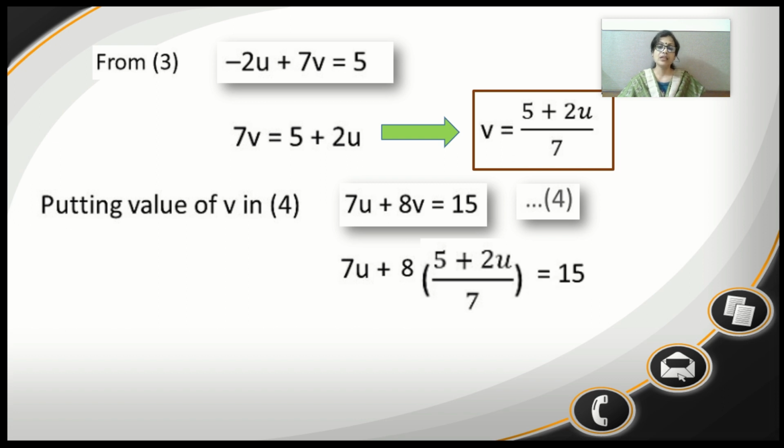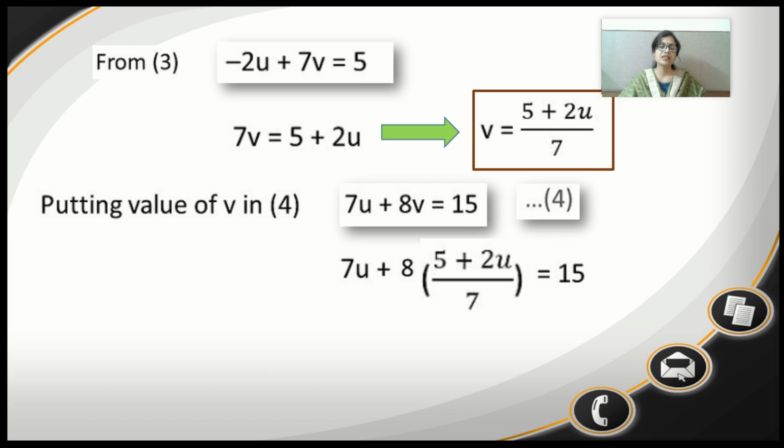Now if you look at this equation, we cannot cancel anything, but our aim is we do not want anything at the denominator as well. So what will you do? We will multiply throughout this equation by 7 so that we can cancel the 7 from the denominator. So if you multiply this equation throughout by 7, that means we are multiplying every term of the equation by 7.